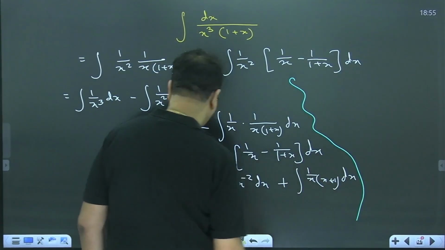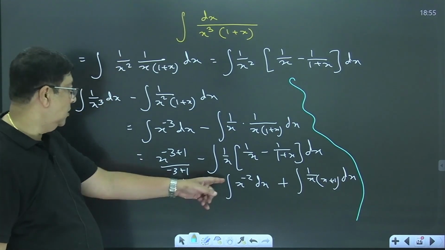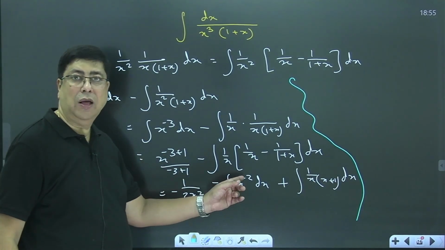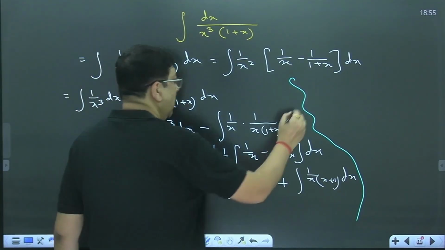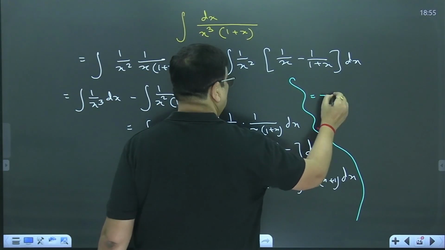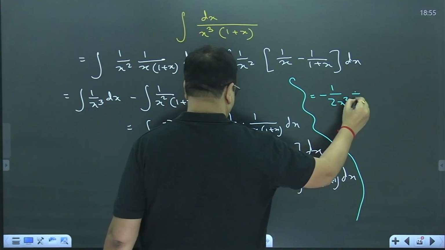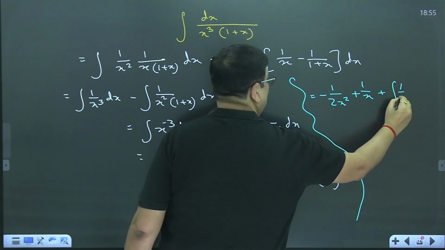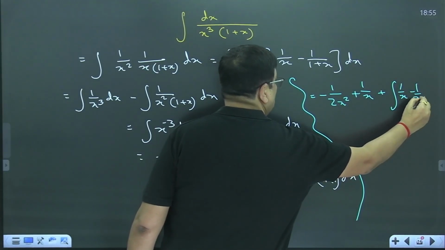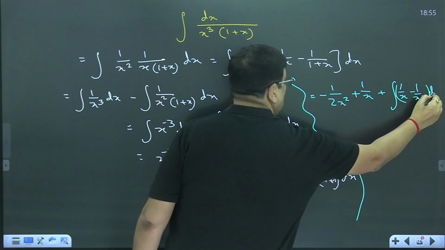I am writing here: minus 1 by 2x, and this is x to the power minus 2 plus 1 by minus 2 plus 1, minus 1 by x. Minus minus plus. That is minus, what is coming? 2x square plus 1 by x. And once again we can write this as 1 by x minus 1 by x plus 1 dx.